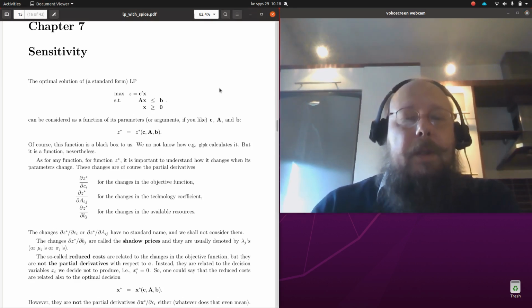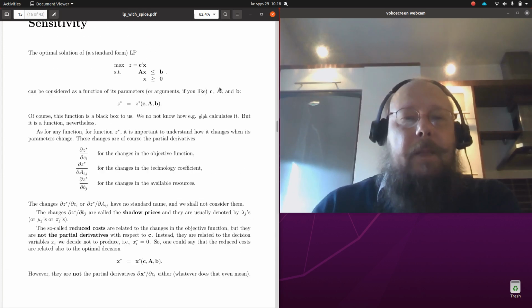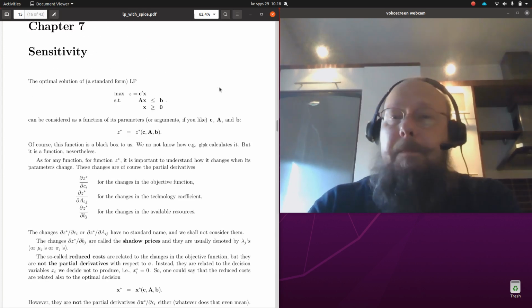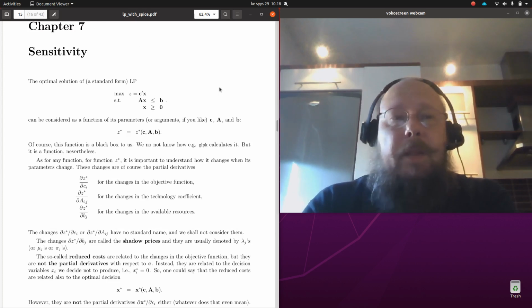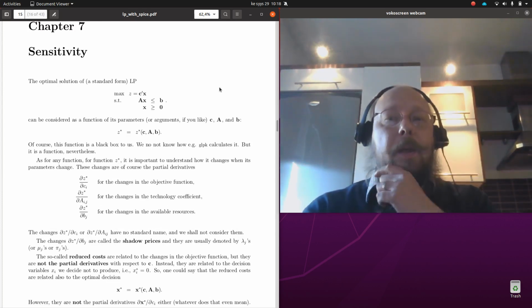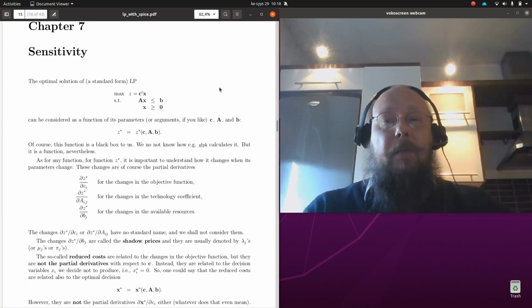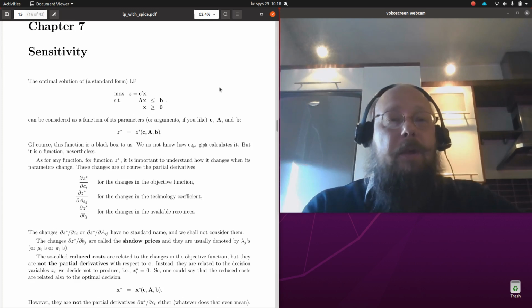So this is now on page 15. Note that the pages have changed a little bit since I have corrected all the, well, not all, but hopefully most horrible mistakes I made. And now we are in chapter 7, and in this chapter we talk about sensitivity analysis.